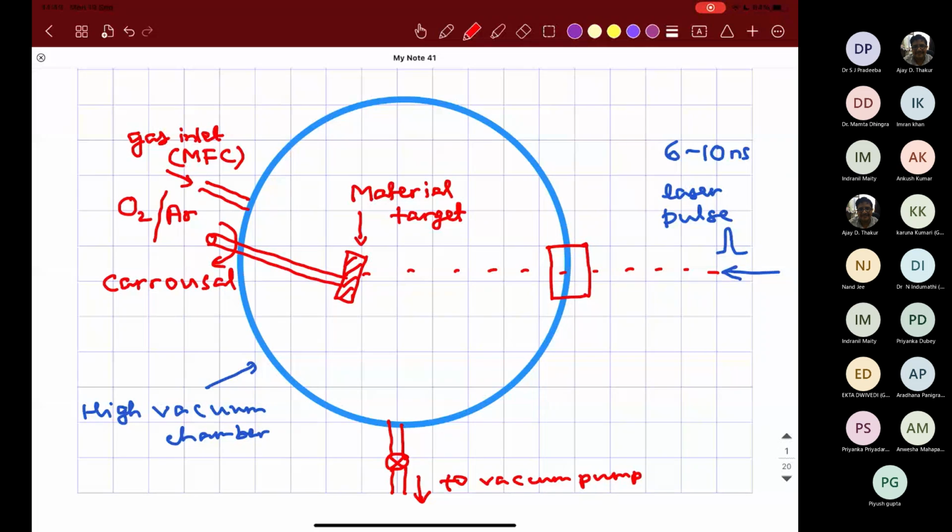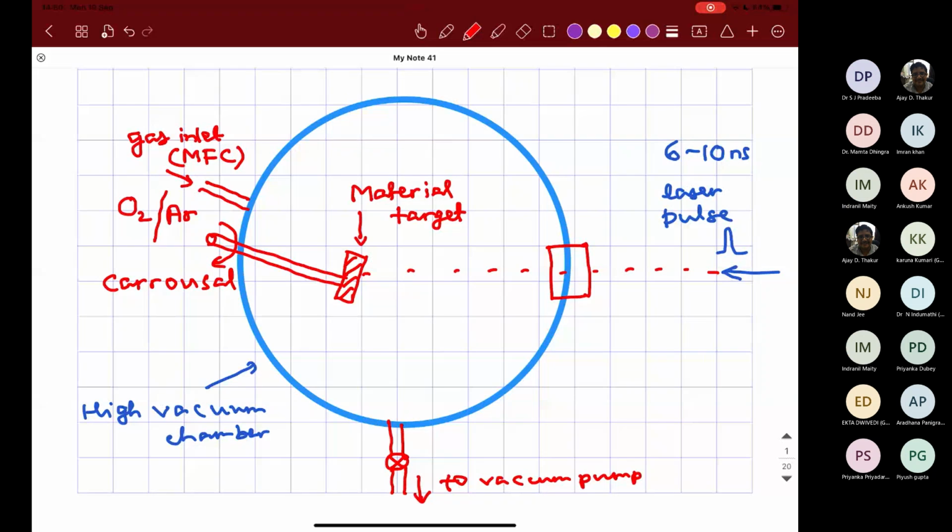So this carousel mechanism is supposed to be leak tight. That's kind of an engineering challenge, but it is achievable. And then why do we require oxygen or argon? Because eventually, when this high energy laser pulse is falling on the material, from the top layer, stuff would be ablated out.